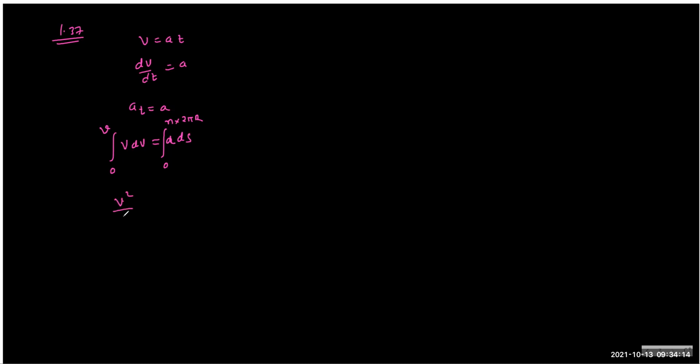So V square by 2 is A into n into 2 pi r. So you can see V square by r is 4 pi a n.